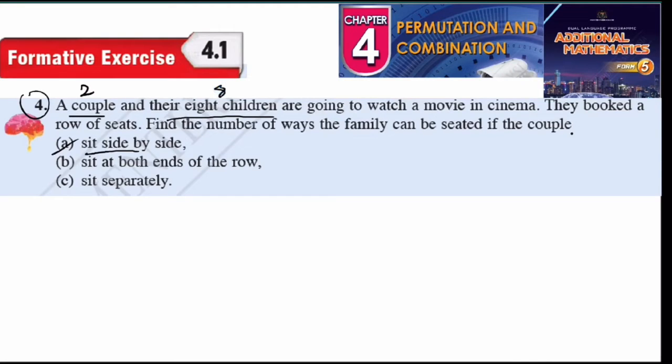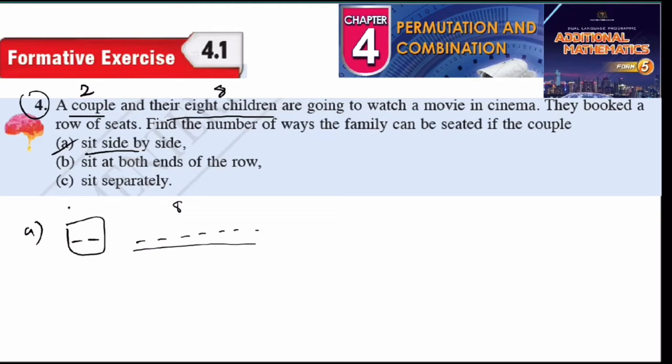Since side by side means that the couple must be together, we have a couple and 8 children going to sit in a row. So let's start with the condition that the couple must be together. We put them into a box, or a container, so that we can make them together.